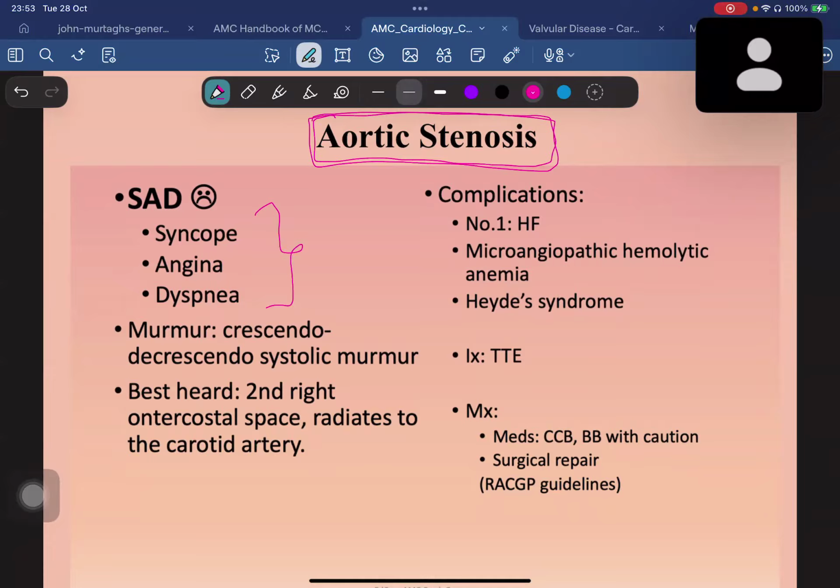I'll try to find it and put it in the question discussion slides for next Saturday. So remember SAD for aortic stenosis. It's syncope, angina, and dyspnea. Those three are the classic aortic stenosis clinical symptoms.